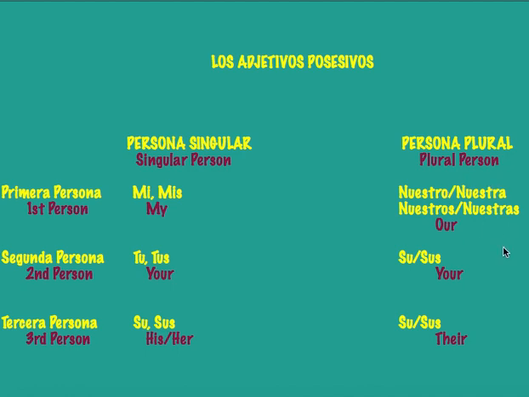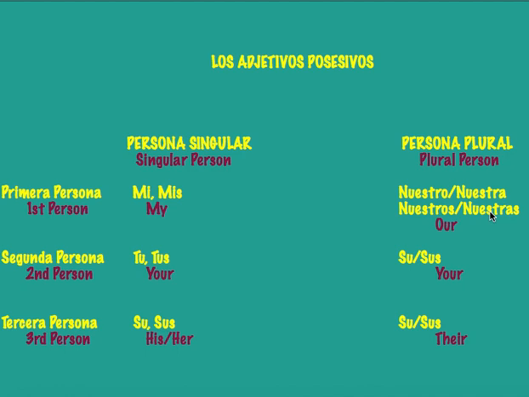If the word you are describing is masculine, you say nuestro. If it's feminine, you say nuestra. Nuestro libro, our book. Nuestra mesa, our table. If it's plural, add an S. Nuestros libros, our books. Nuestras mesas, our tables. Okay, very similar to stuff we've seen before.